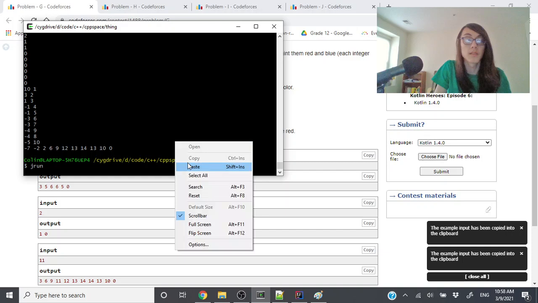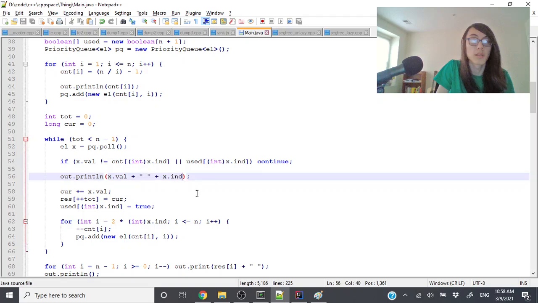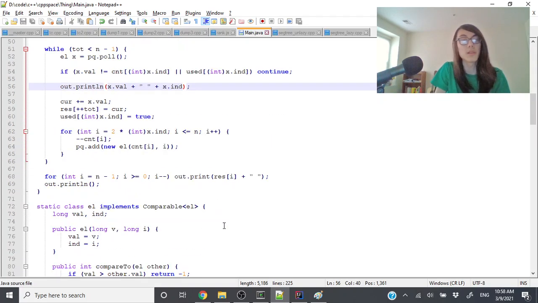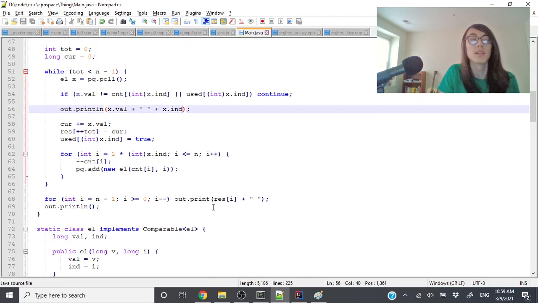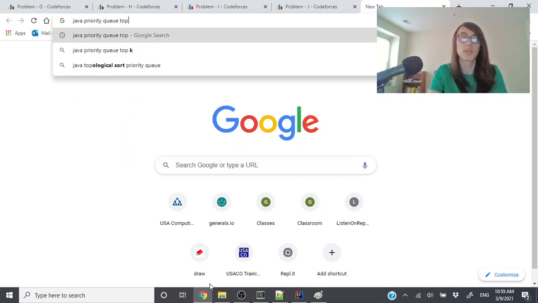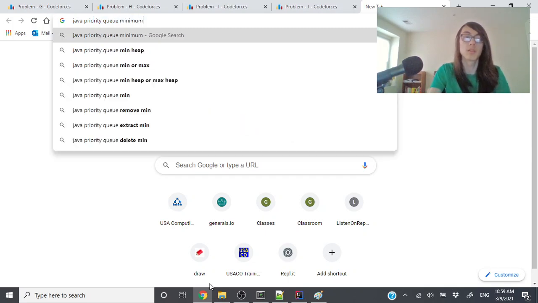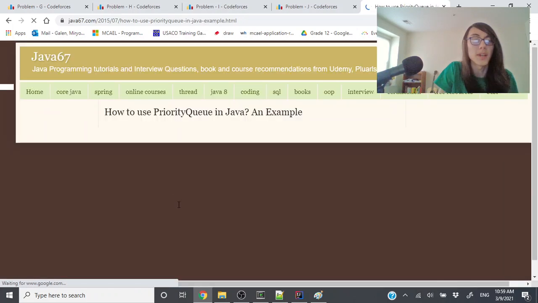What? Why would it do that? Why is it? If val is greater than other dot val. Is it a max heap or a min heap?